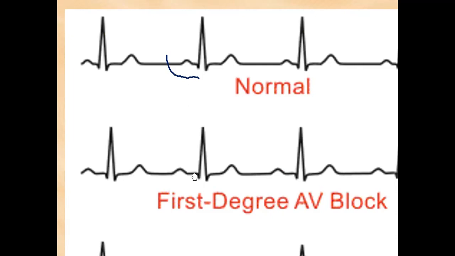Do you see how that line has gotten longer? And so the length of line is the length of time. So what has happened is my atria contract, but it's taking longer for the impulse to cause my ventricles to contract.